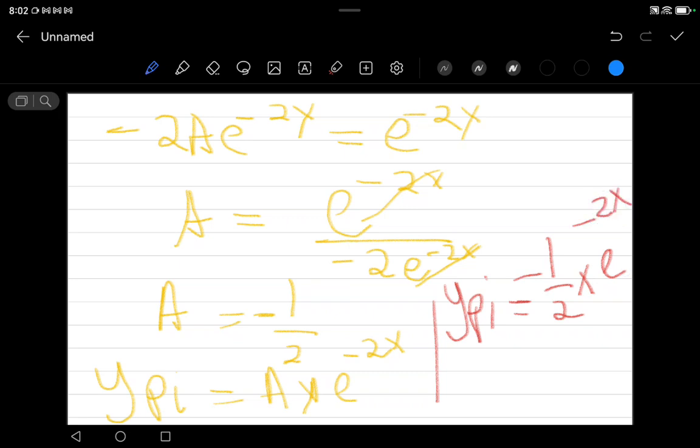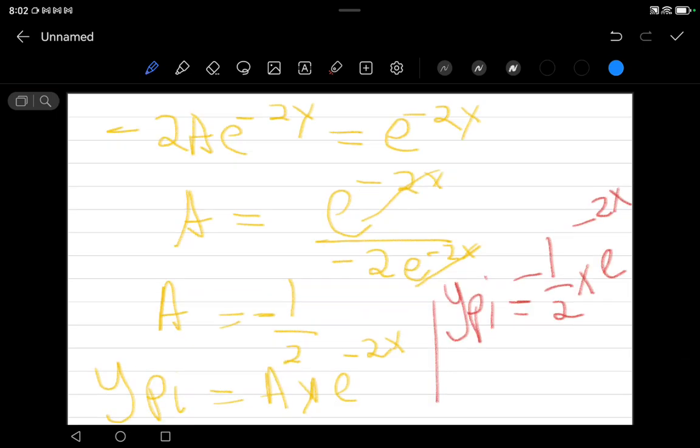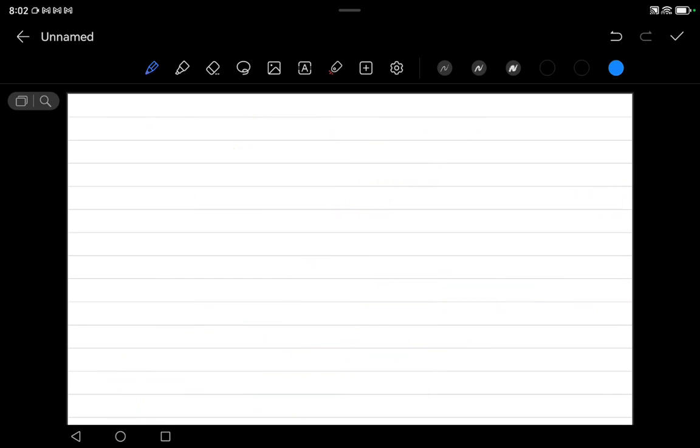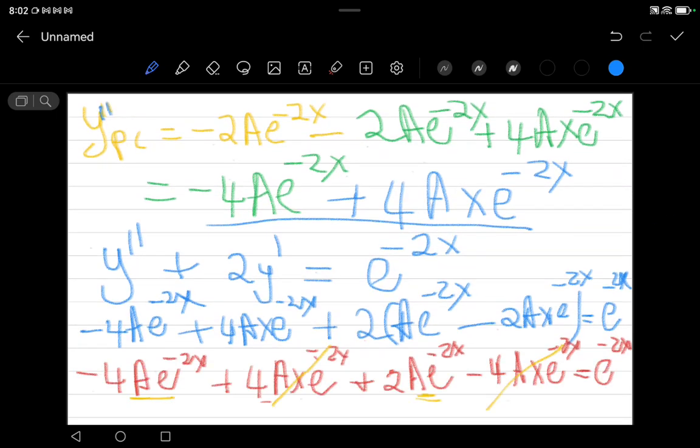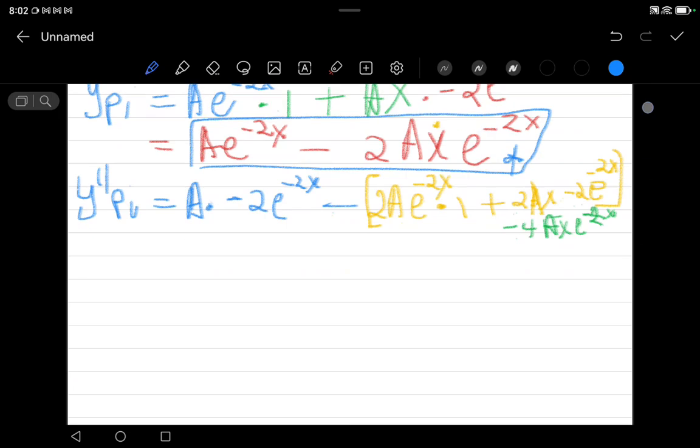Okay, and then we are not done. What we're going to do after here is add YCF and YPI. Our YPI is negative 1 over 2x e to the power of negative 2x, and our YCF is C1 plus C2 e to the power of negative 2x.